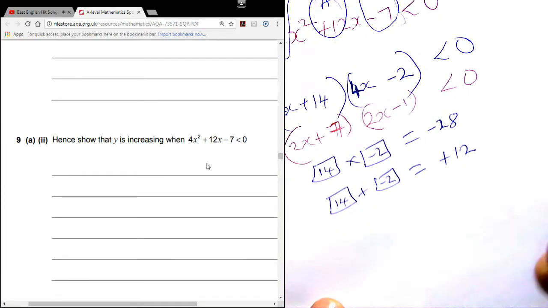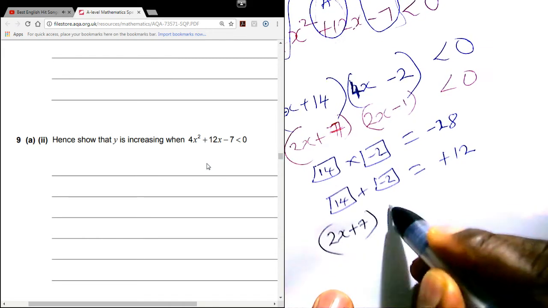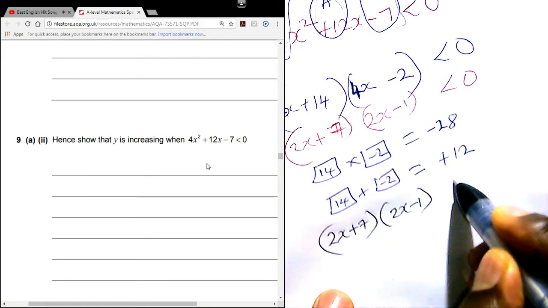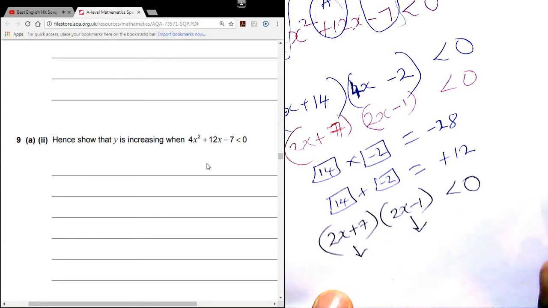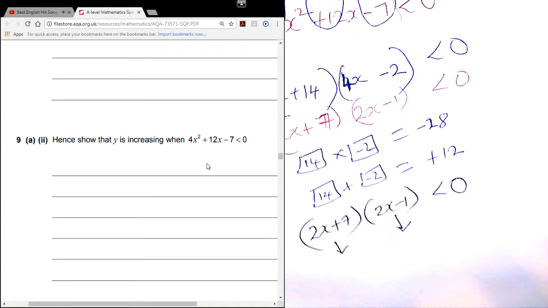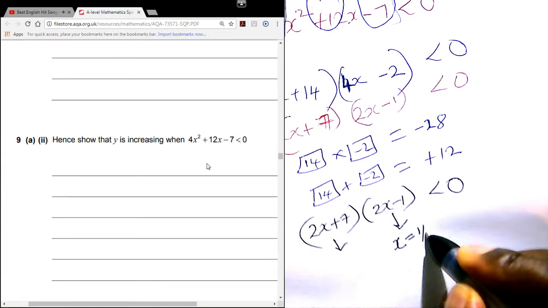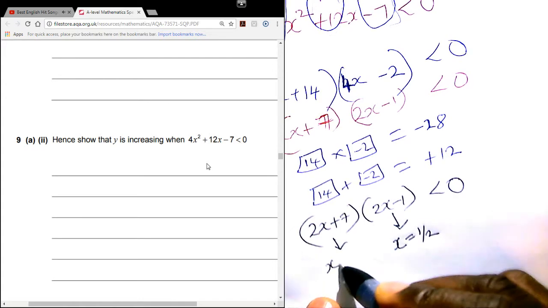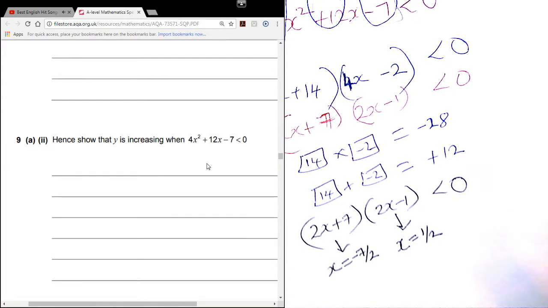Now, if you have 2x plus 7 into bracket 2x minus 1 less than 0, each of these represents a point. This represents a solution that says x is equal to a half, and this represents a solution that says x is equal to negative 7 over 2. That's negative 3.5.